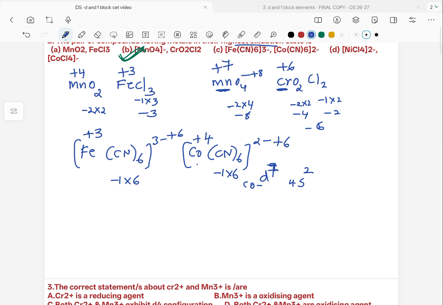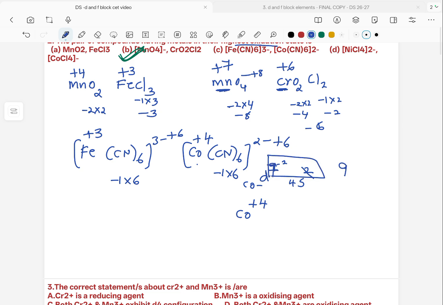If cobalt is in +4 oxidation state, it has to lose 4 electrons, 2 from 4s and 2 from 3d, and then it will have 5 unpaired electrons. Finally, it is in +4 oxidation state, which is not the highest, because cobalt has valence electrons of 9.